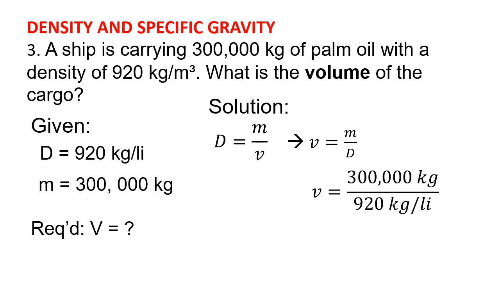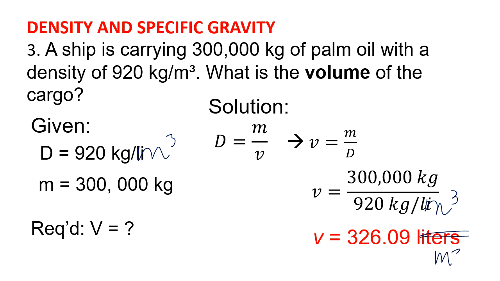So this is meter cube, not liters. Okay, so we divide, then we get 326.09 meters cube, not liters. So I hope you got this problem correctly. Let's have the next example.